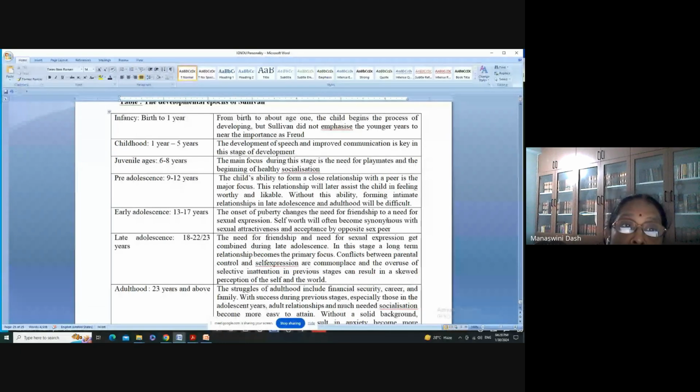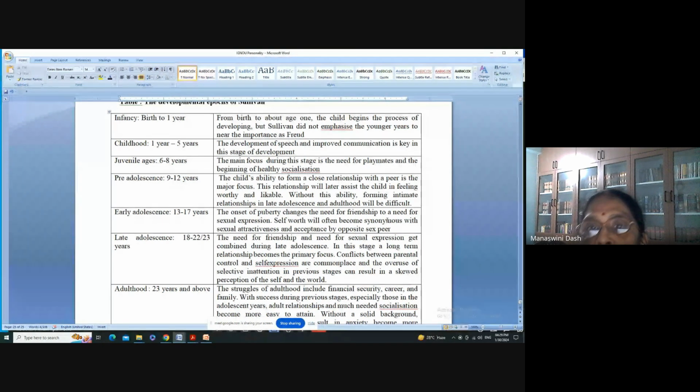First stage is infancy, which lasts from birth to 1 year. From birth to about age 1, the child begins the process of developing, but Sullivan did not emphasize the younger years so much.